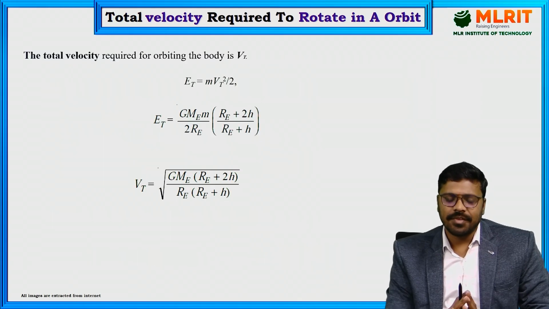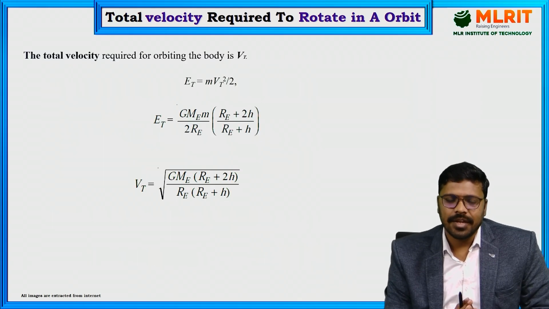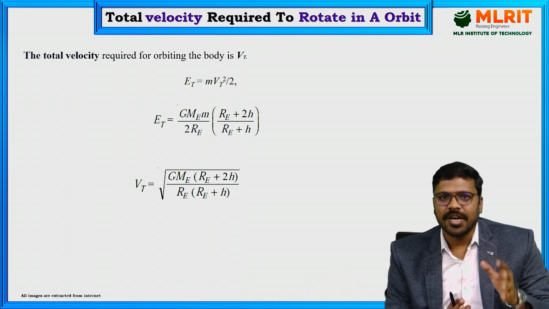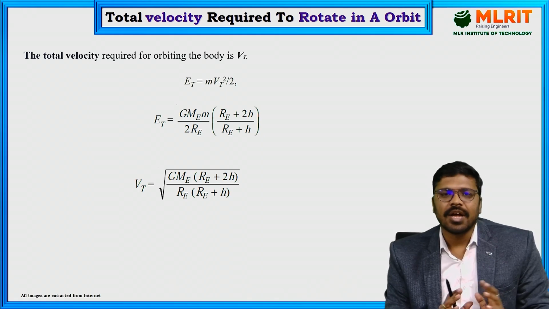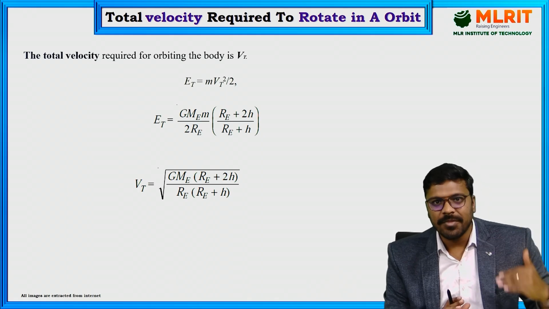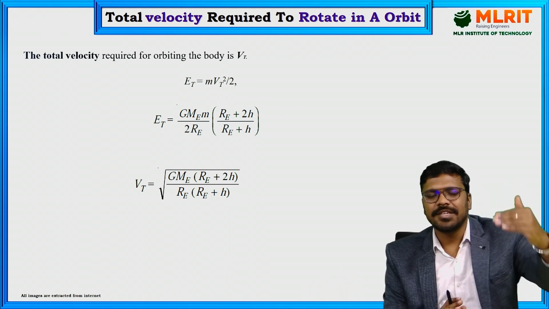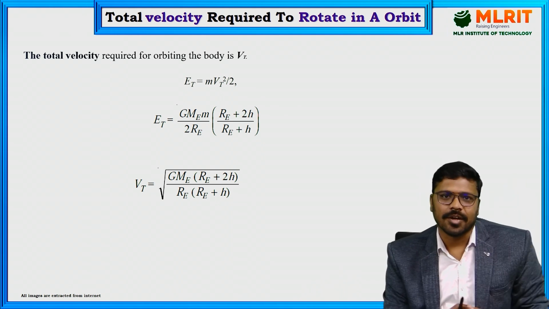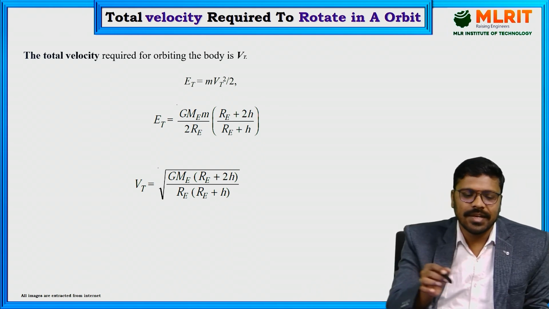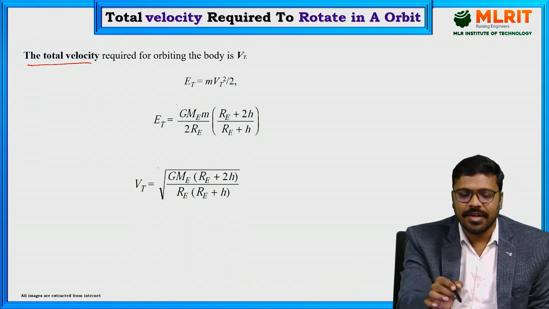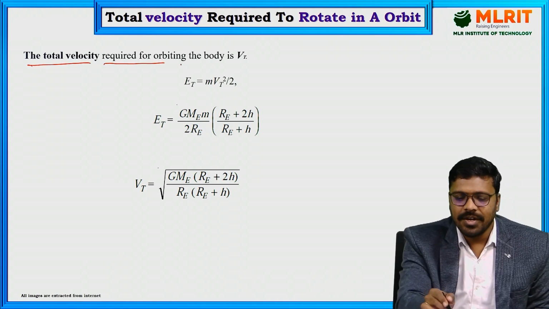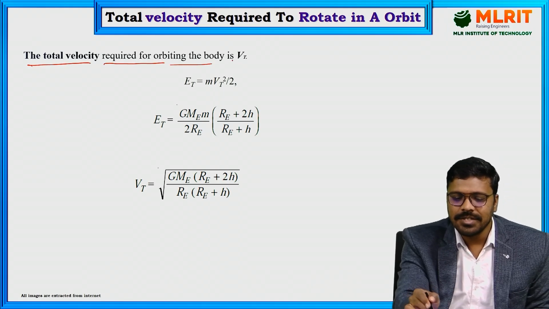So we have derived the equation, or we have calculated the energy required for a body to rotate in the orbit. Then how much velocity is to be provided from the Earth surface so that it reaches the orbit and rotates in the orbit? So now we are going to calculate the total velocity required for orbiting the body, that is Vt.